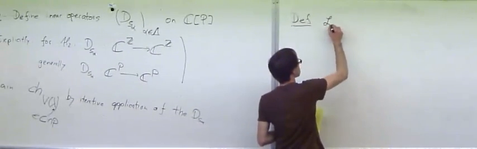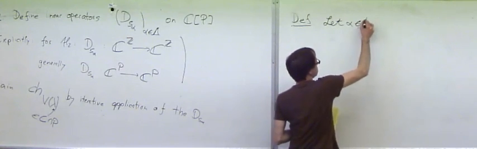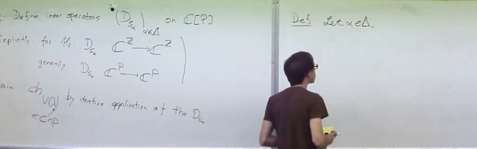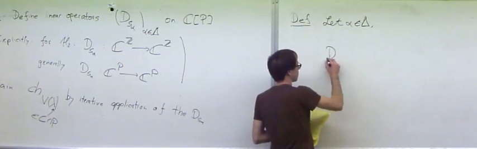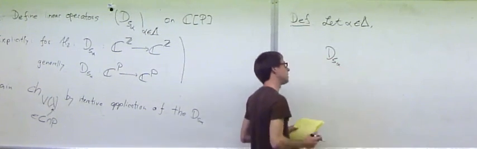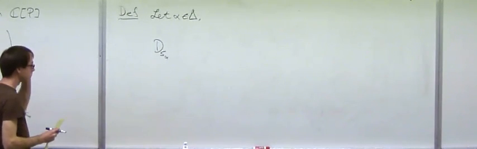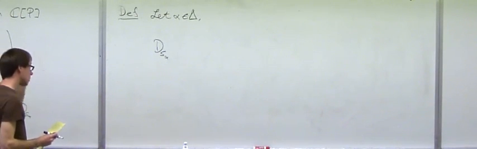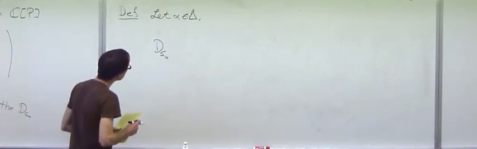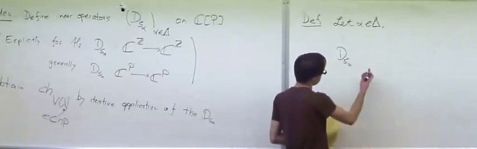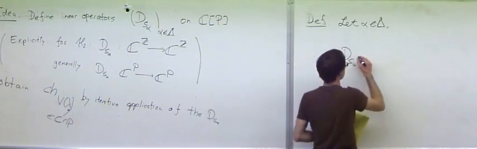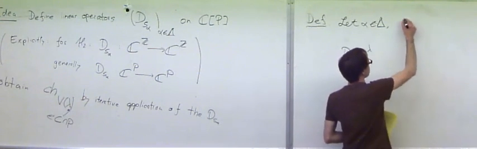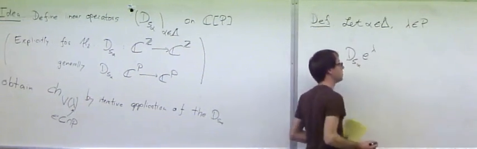Let α be a simple root, so an element of a base. So I have to define D_α, the corresponding Demazure operator. As it's a linear operator, it's enough to define how it acts on a basis of ℂP. And basis elements are of the form e^λ for λ in P.